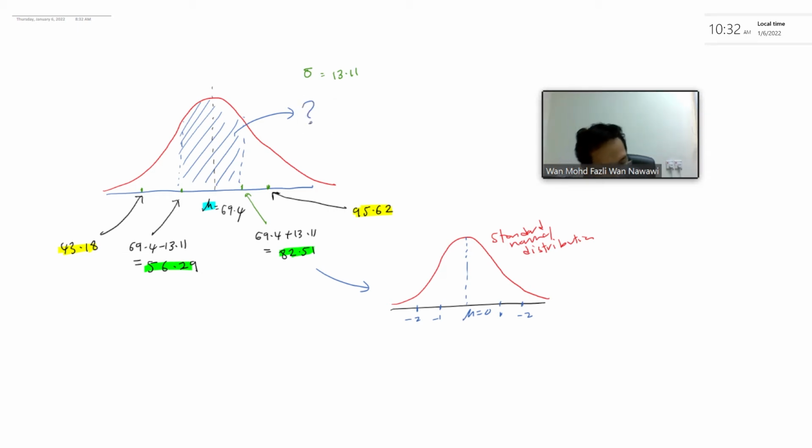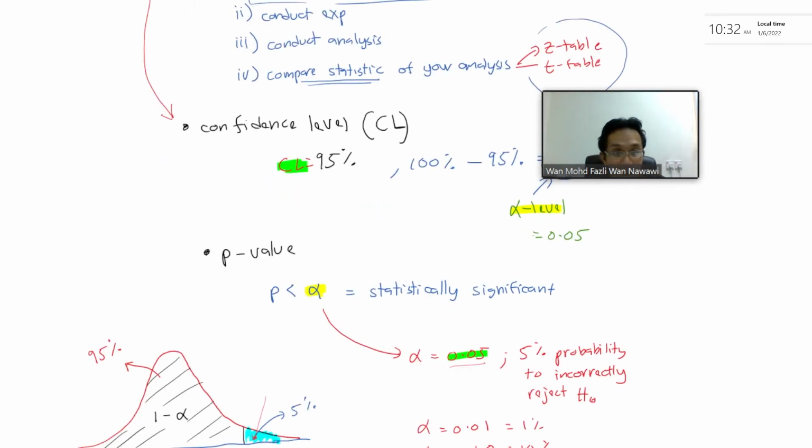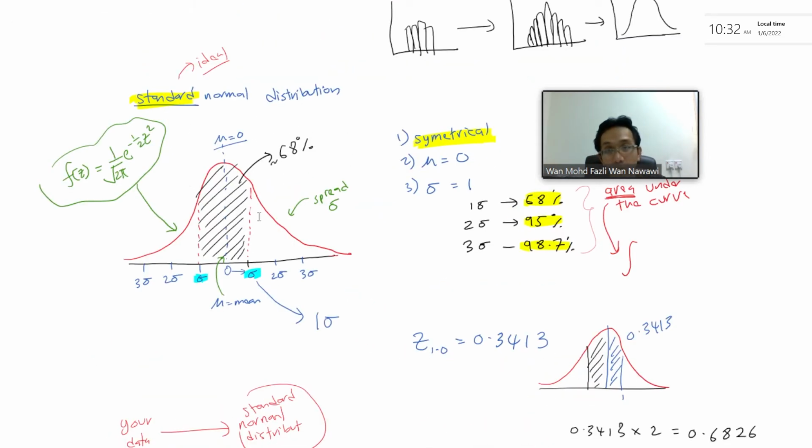The one that we discussed before, this 68%, is based on the standard normal distribution.